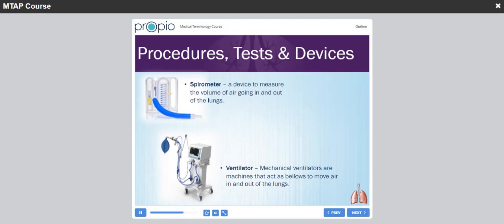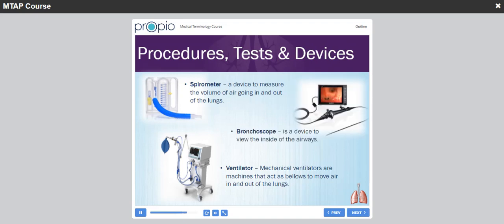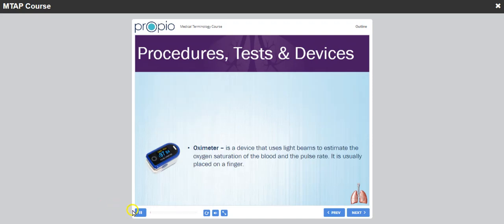This test measures how much oxygen and carbon dioxide are in the blood. Pulmonary function test, or PFTs, breathing tests to find out how well a person can move air in and out of the lungs and how well oxygen to find out how well a person can move.